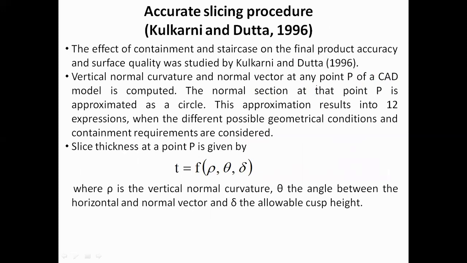So Kulkarni and Datta in 1996 came up with a new method in order to contain the surface roughness, the stair casing and the product quality. As you already know, for a CAD model, at any point there is a normal vector and there is a curvature.